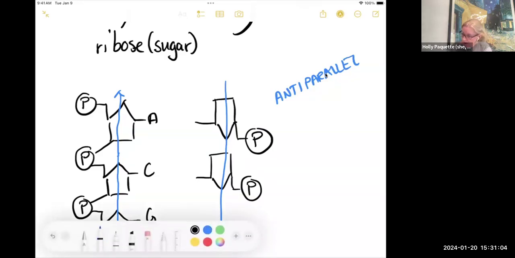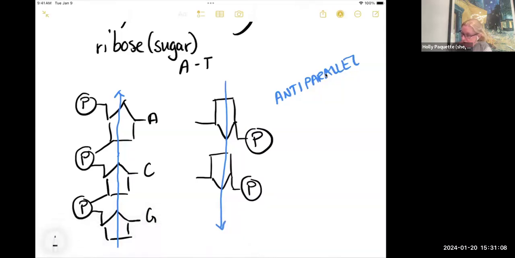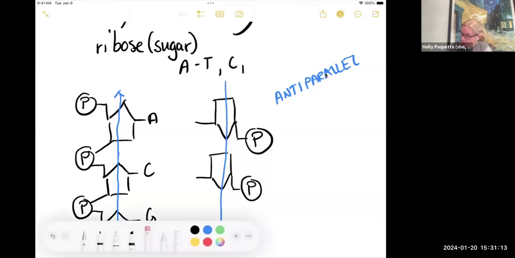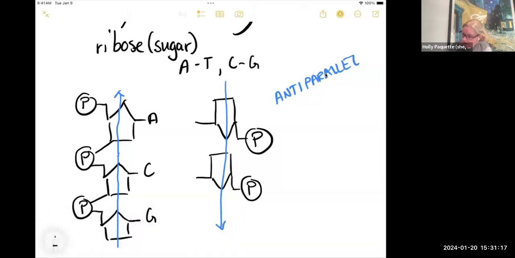And so I'm going to put a base here. We said A is complementary to T and C is complementary to G. So if we have an A here, that means on our opposite strand, we're going to have a T. And down here, when we have the cytosine, we're going to have a guanine.